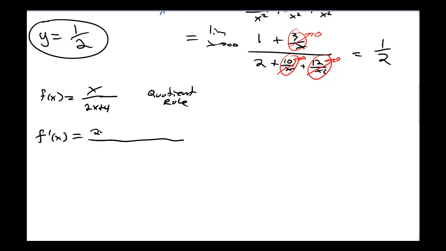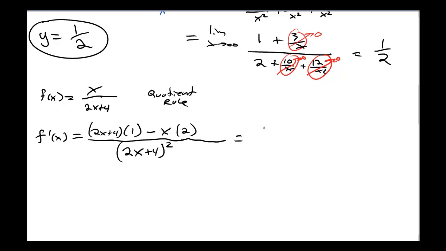The quotient rule says I take the bottom, and I don't change it, and I multiply by the derivative of the top part. The derivative of x is just 1. Then I subtract the top part unchanged, which is x, and I multiply that by the derivative of the bottom, which is just 2. This is all going to be divided by the bottom part, 2x plus 4 squared.